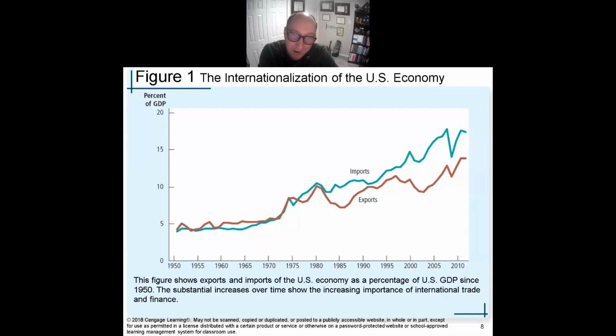And we see that our imports have overtaken our exports significantly. We import more than we export here in the United States because the United States has shifted from what we call a producer economy to a consumer economy over the years.